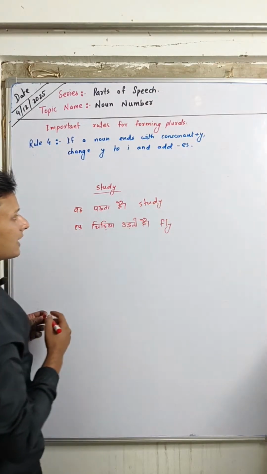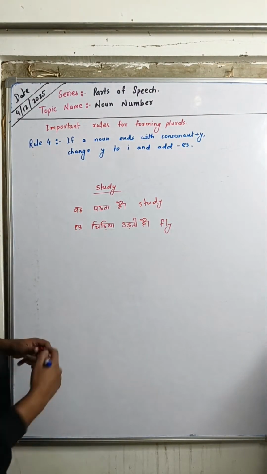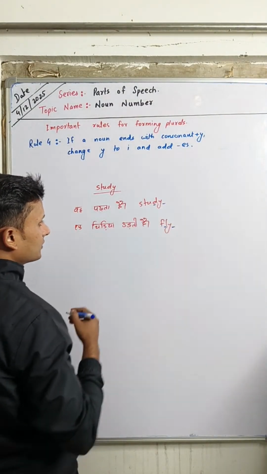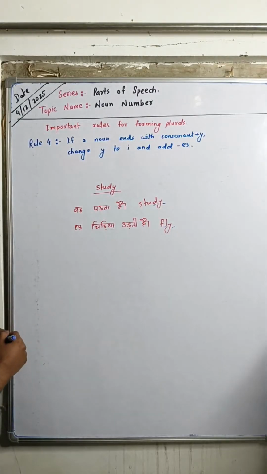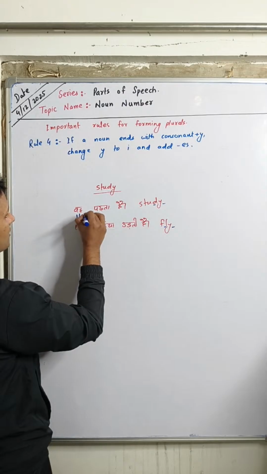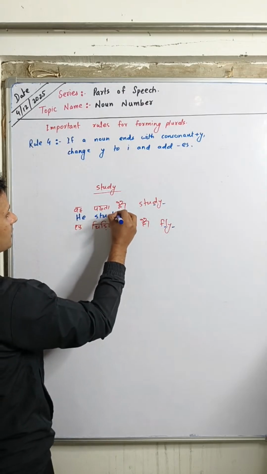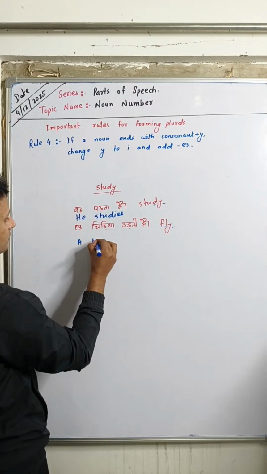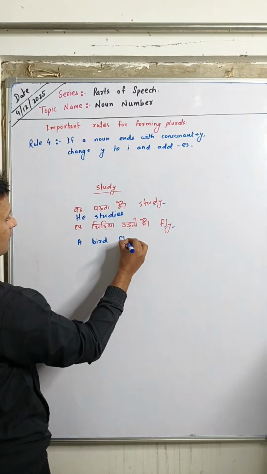See, both the verbs end with a y and are preceded with a consonant, right? The same rule will apply in these verbs too. वह पढ़ता, he studies. एक चिड़िया उड़ती है, a bird flies.